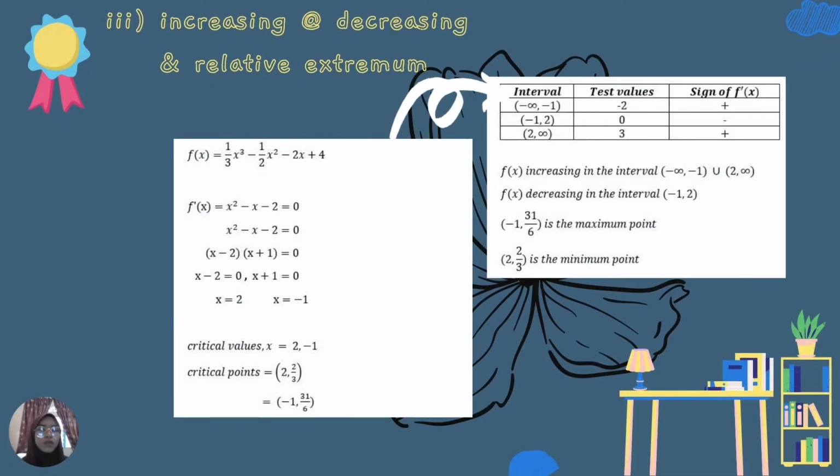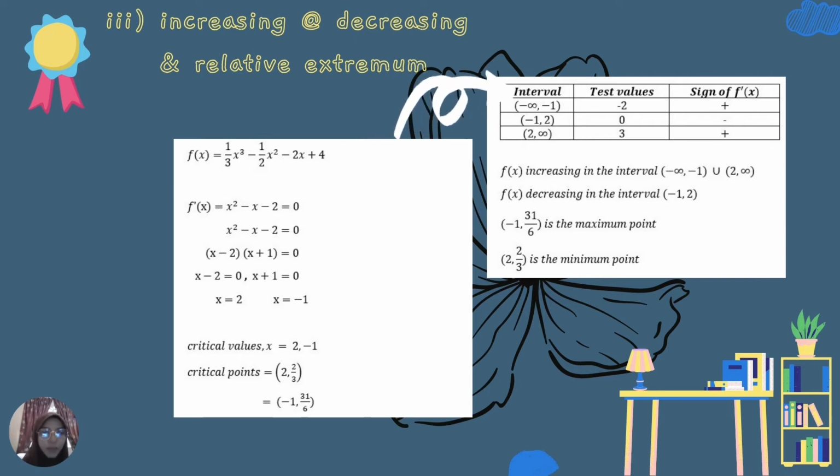The third question is to find the interval where the function is increasing or decreasing, hence to find the relative extrema. First, we have to determine the interval where the function is increasing or decreasing. So we use the same equation as used to find the critical point.